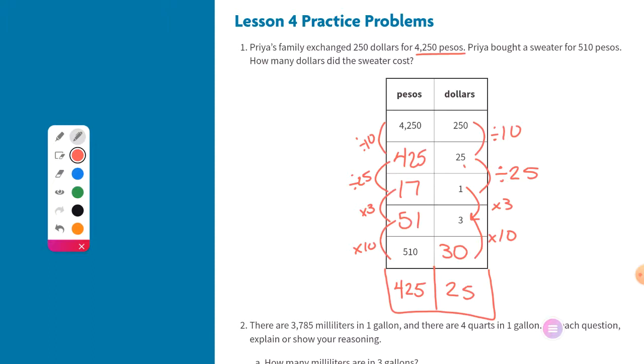Divide it in half and cut off a digit. Oh. Cut off a 0. Okay? So like 1,000 pesos is about $5. Because you would think 1,000, half of that's 500. Sorry, cut off 2 digits. It's about $5.